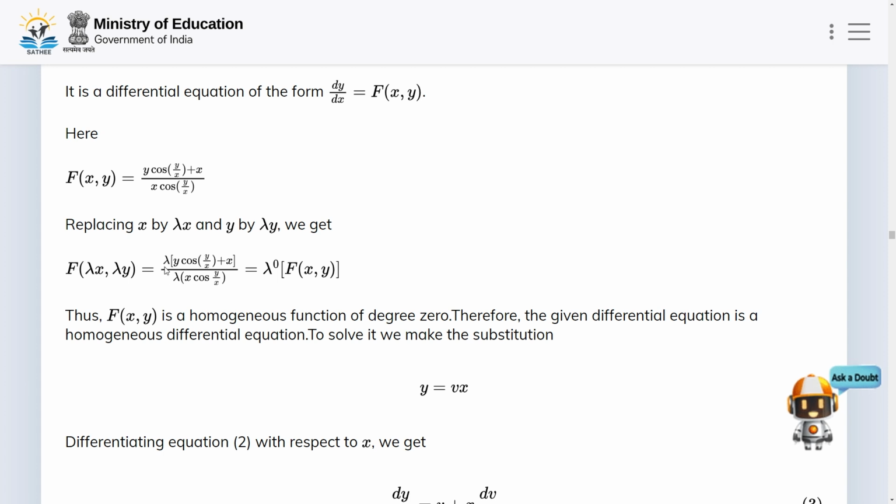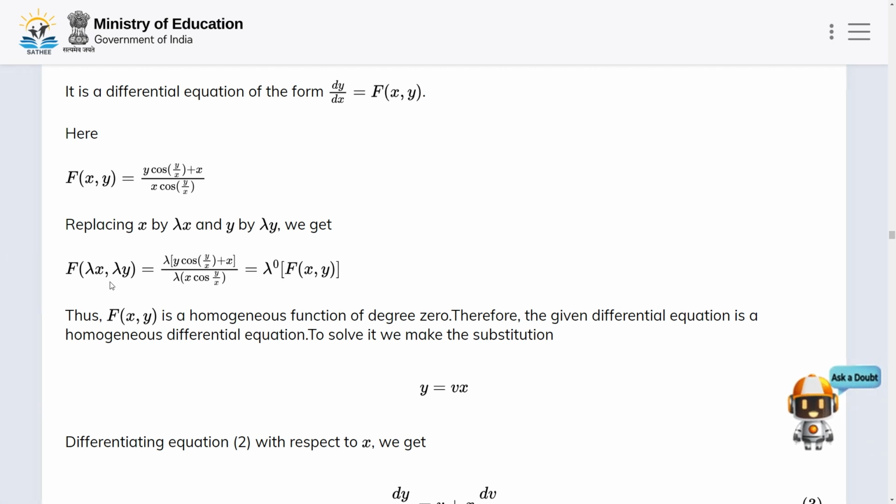So you will get lambda common from numerator and denominator. This means lambda power 0 multiplied with F of x comma y. This means your capital F is a homogeneous function of degree 0. This means the given differential equation is a homogeneous differential equation.